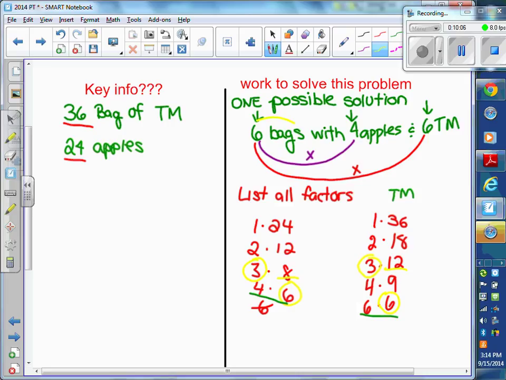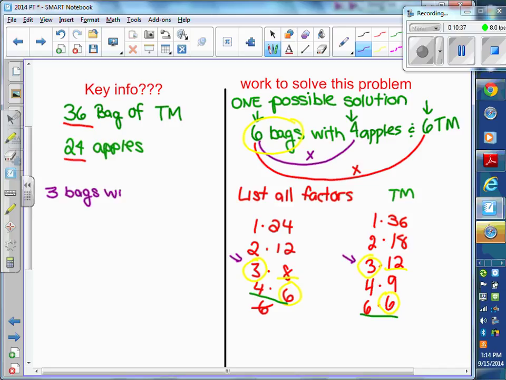So if we had 6 bags, we'd have to have 4 apples. So we already have 6 bags. And then we said if we had the one that Scout came up with, just to show you, because 3 was a common factor right here, you could have 3 bags.